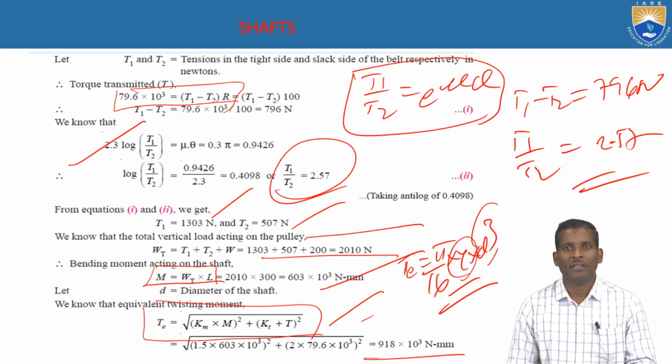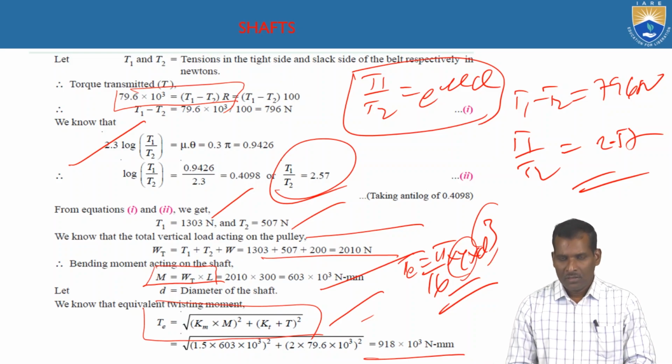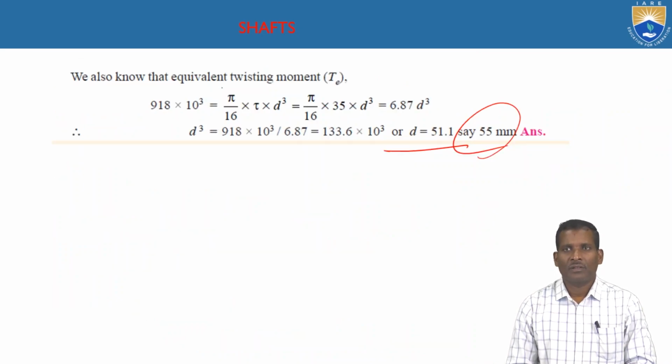Normally, all automobile engine components or mechanical components are subjected to fluctuating loads only. So that we will always take the factors to avoid failure. So your final diameter obtained is 55 mm.